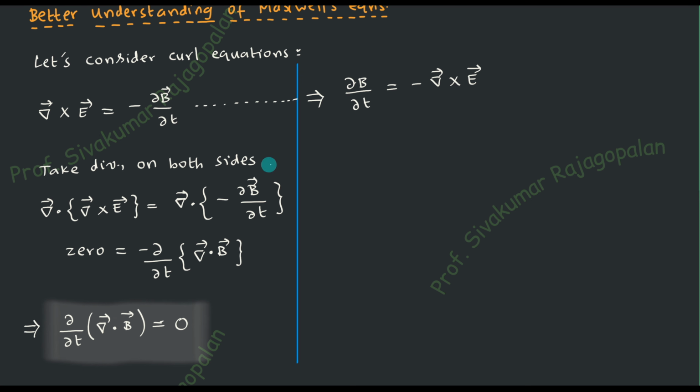That's all about it. So by rearranging this, we are trying to understand the equation. And what is the conclusion because of that? This is the conclusion. I'll write that down. That is, the time derivative of the divergence of B equal to 0. That is the conclusion till now.